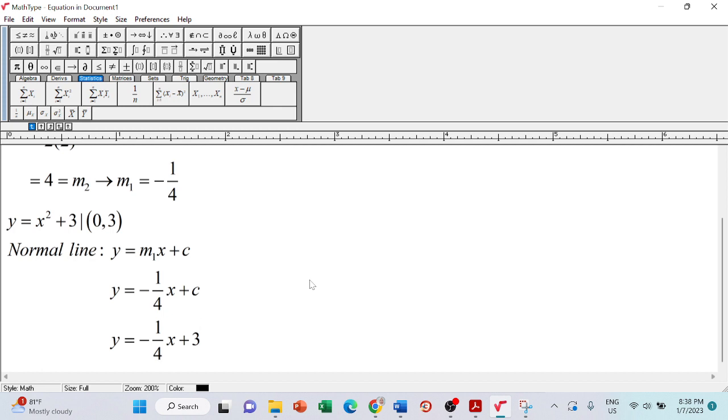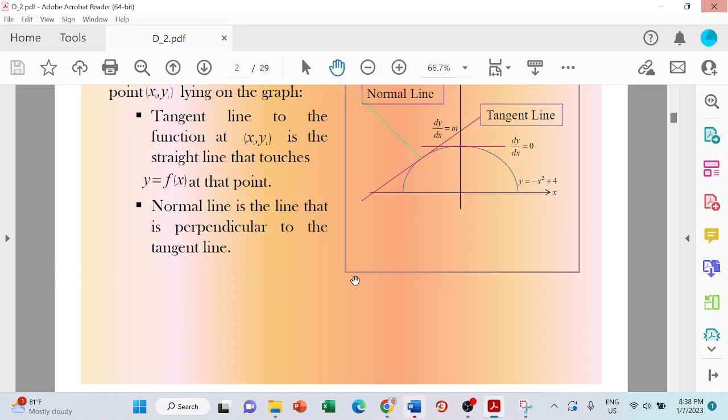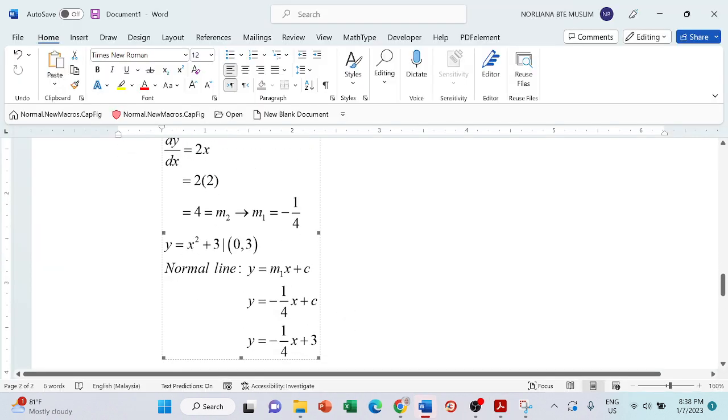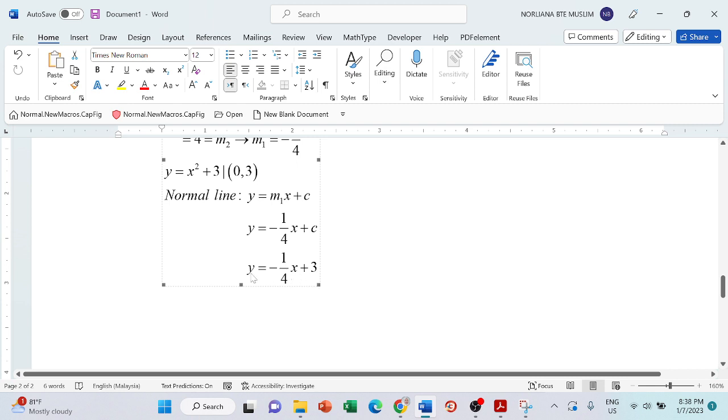Okay, is there anything that you want to ask? Anything you want to ask here? Okay, so normal line equation yang last kali lah, y sama dengan negatif 1/4 x tambah 3. Do you have anything to ask?